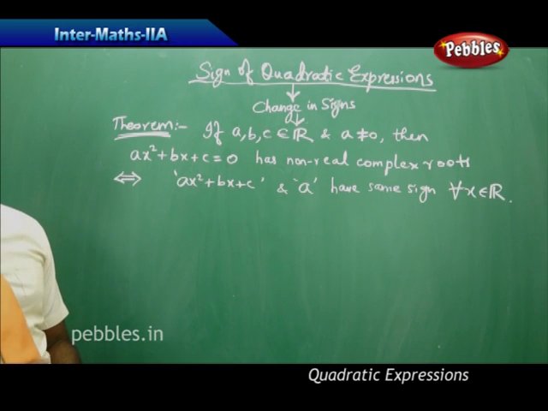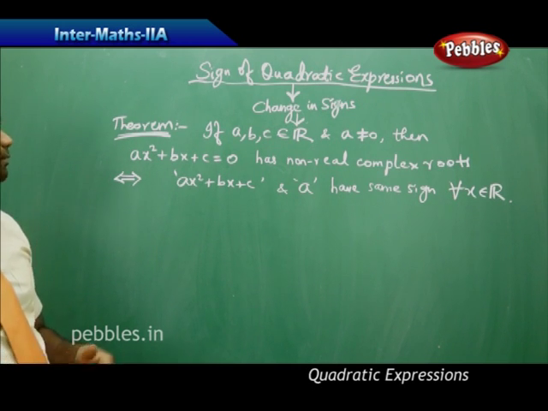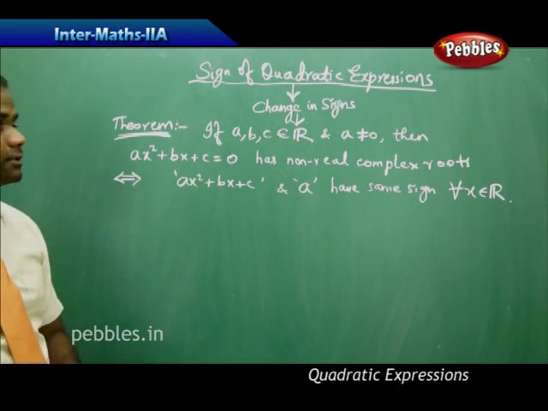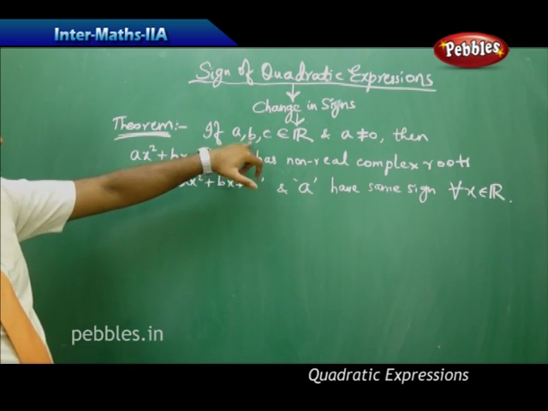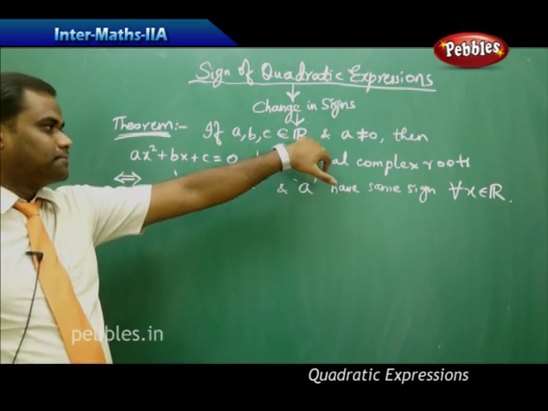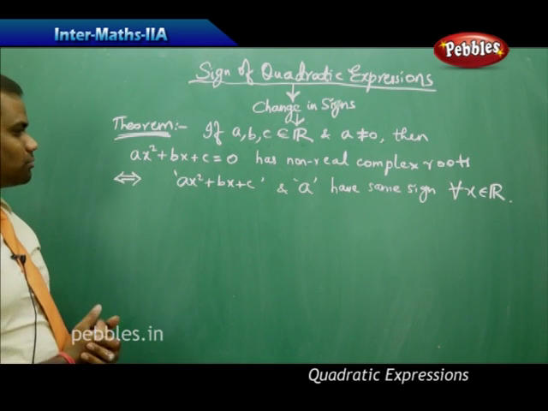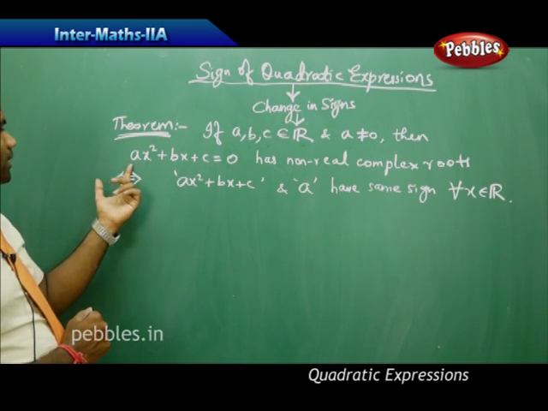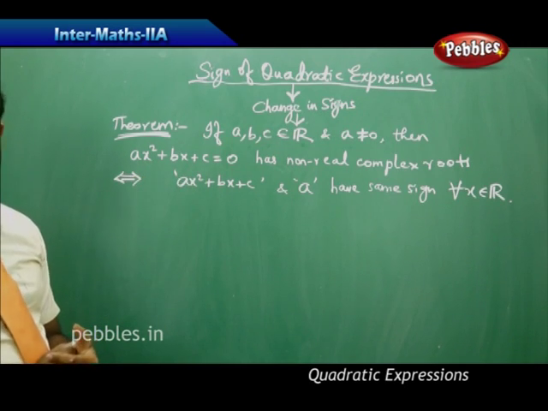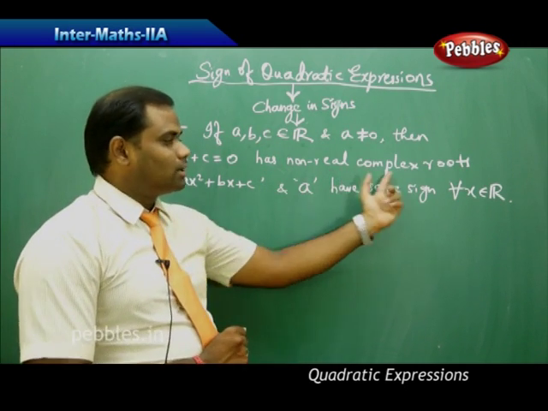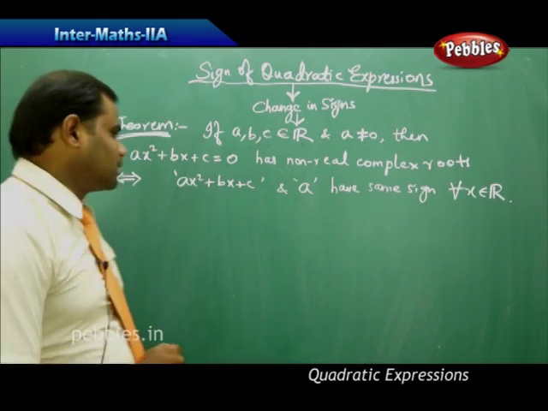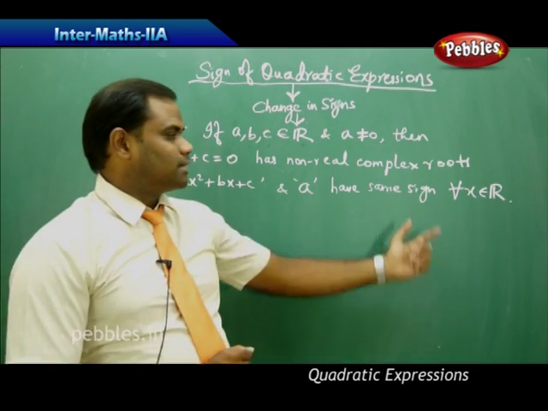So let's initially start with understanding the statement of the theorem. It's given that a, b, c are real coefficients and a is a non-zero real number. Then I have to prove that the quadratic equation ax squared plus bx plus c equal to 0 has non-real complex roots only under the condition that they have the same sign.